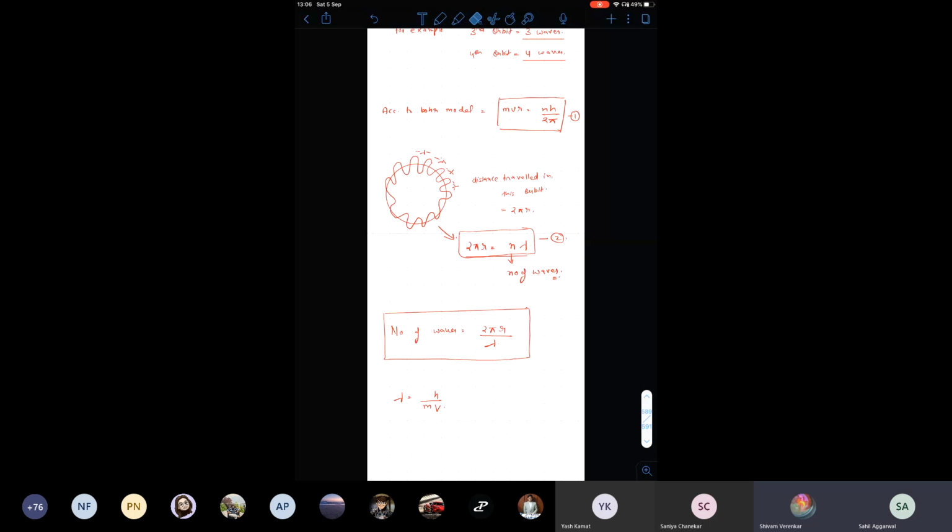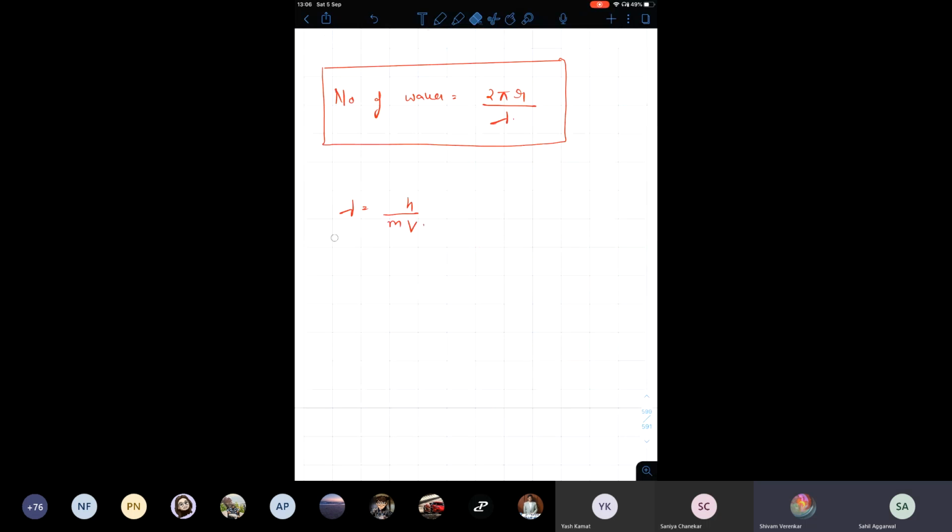Done. Lambda is equal to h upon mv, the de Broglie equation.